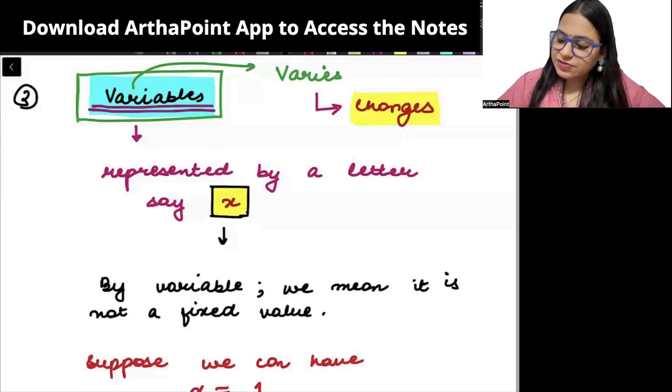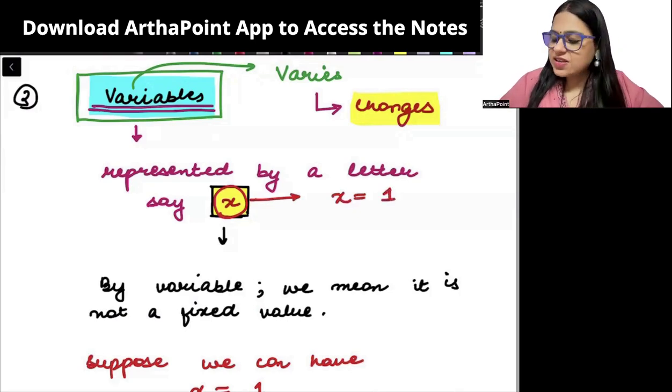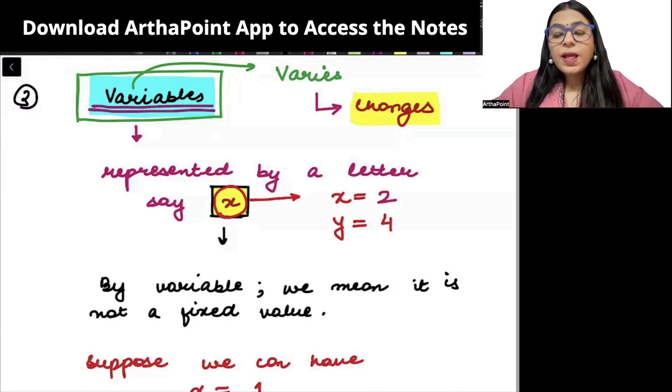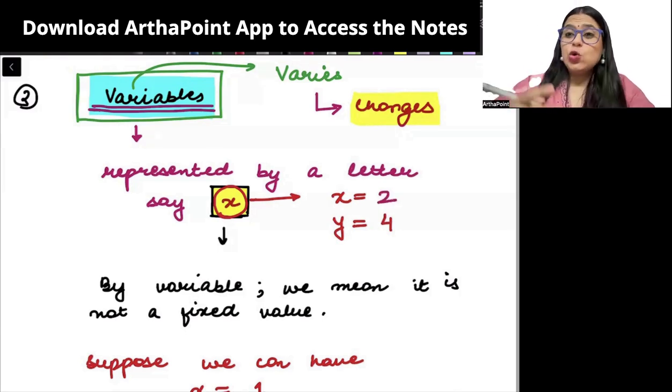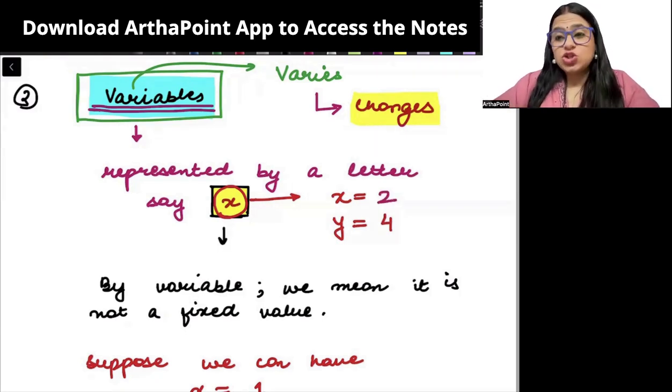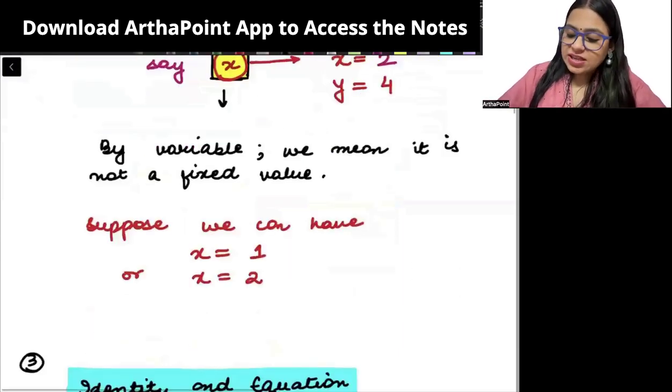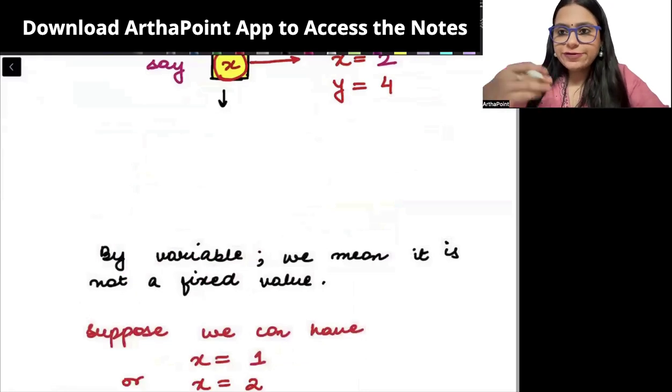Just for example, a variable is represented by small letter. I can say that x is a variable such that x is equal to 1. Y is a variable such that y is equal to 4. I can also change the value. I can say x is a variable such that x is 2. I can vary the value of x. X का value change हो सकता है. Also, the value of x can keep changing as you solve different equations.